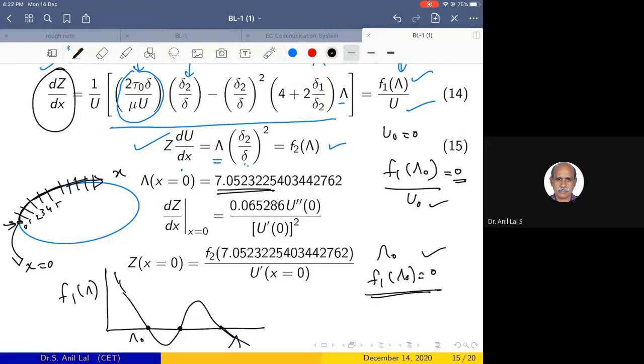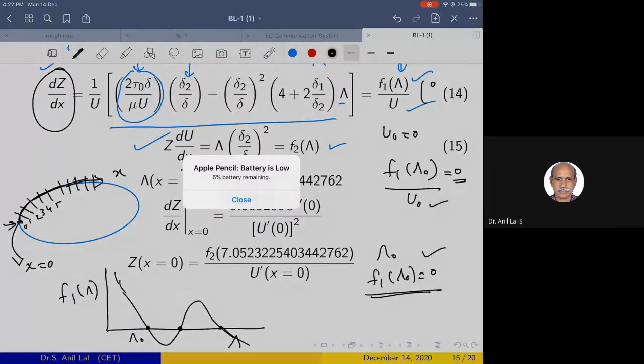Consequently, there is a 0 by 0 form at x equal to 0 for dz by dx, which is f1 of lambda 0 by u0. So we have to find the limit by using L'Hospital's rule.